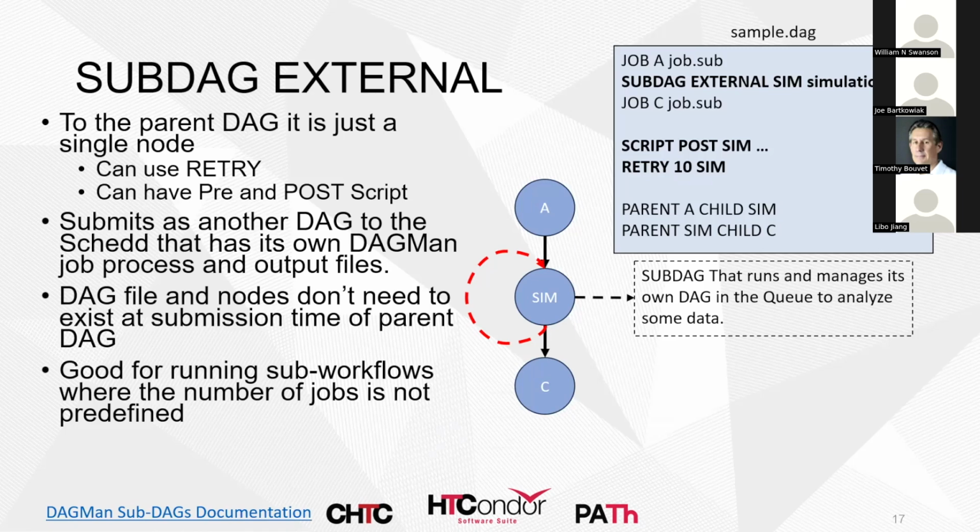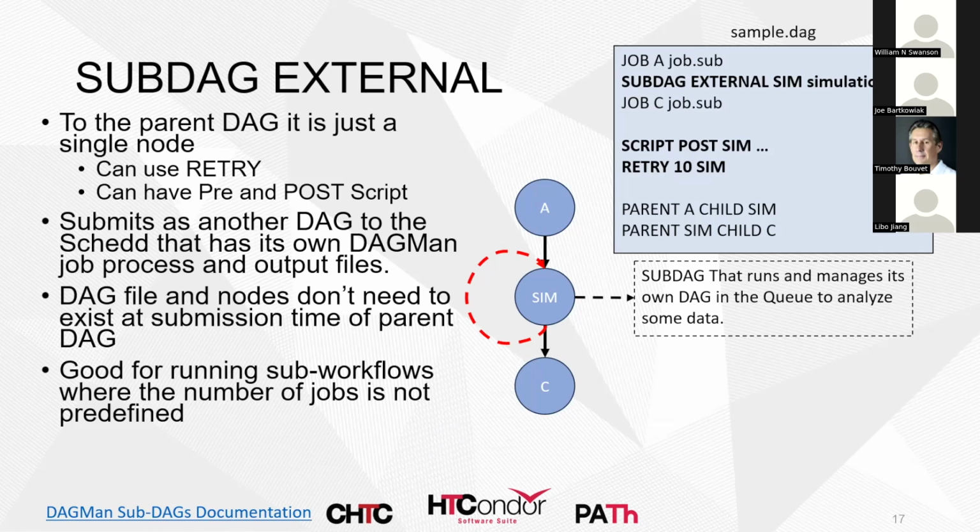What DAGMan does is it says, oh, neat, I have another sub-DAG. I will now run condor_submit_dag for you. And this DAG will actually run as its own job in the queue. It'll have its own process, its own files. We know we love our DAGMan files, taking up even more space. But to the parent DAG that runs it, it's just one node.